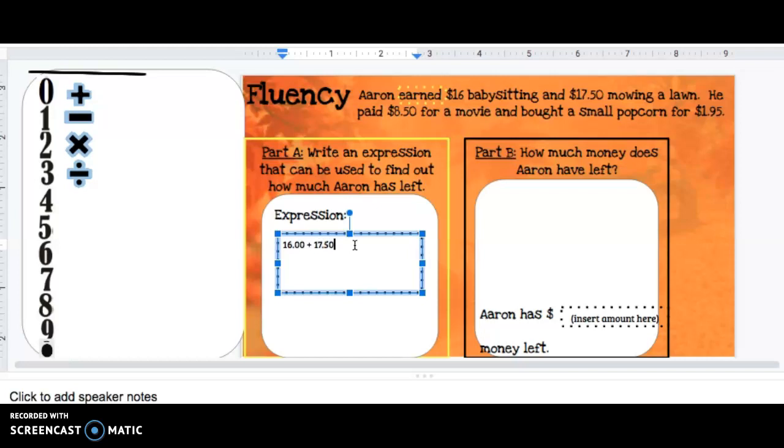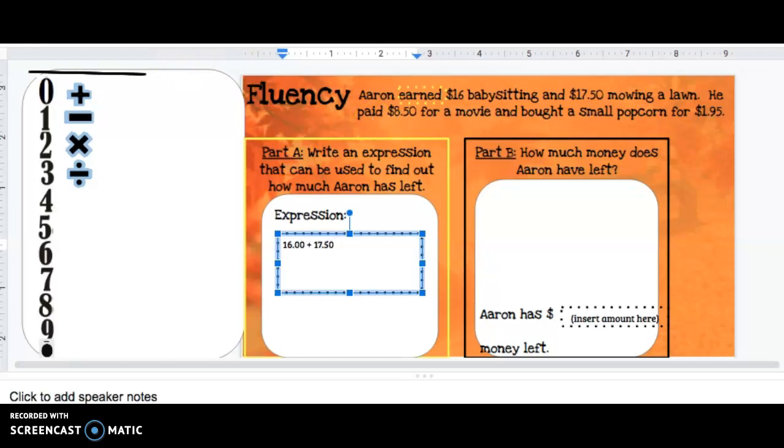But then, after a hard day of work of babysitting and mowing a lawn, Aaron goes to the movies and he buys himself a ticket and a small popcorn. So he paid, so he's now taking that money out of his pocket, giving it to the clerk at the movie theater for the ticket and for the popcorn.